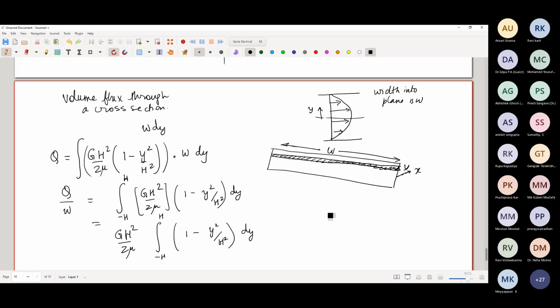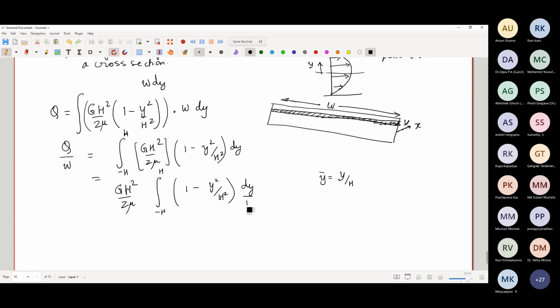Now let me say that y bar is equal to y by h. I will divide by h and multiply by h. So this will be Gh cubed over 2 mu times the integration of 1 minus y bar square dy bar.